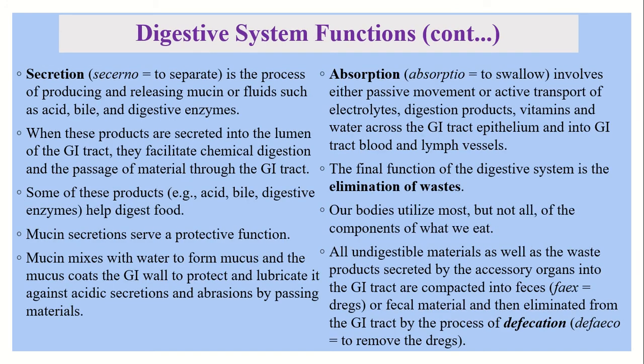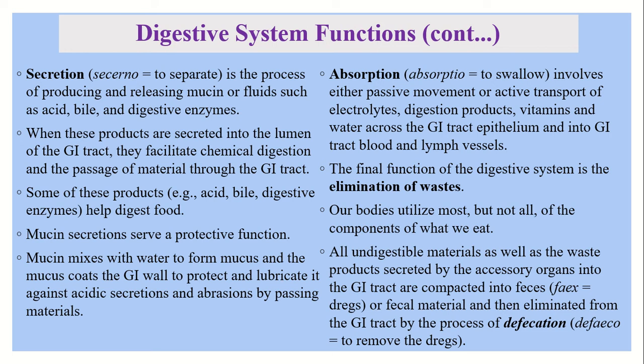Secretion is the process of producing and releasing mucin or fluids such as acid, bile, and digestive enzymes. When these products are secreted into the lumen of the GI tract, they facilitate the chemical digestion and the passage of material through the GI tract. Some of these products, for example, the acid, bile, digestive enzymes, help digest food.